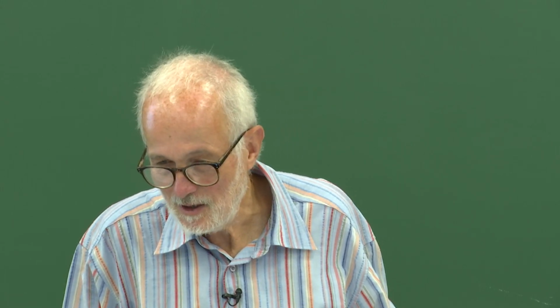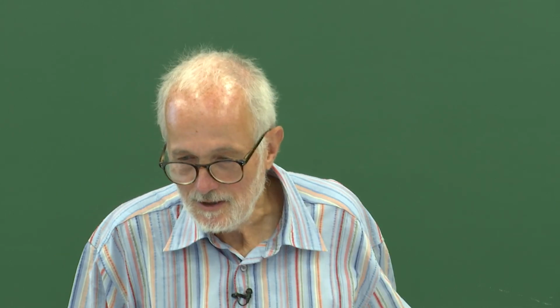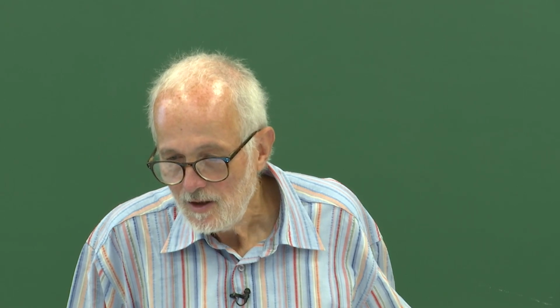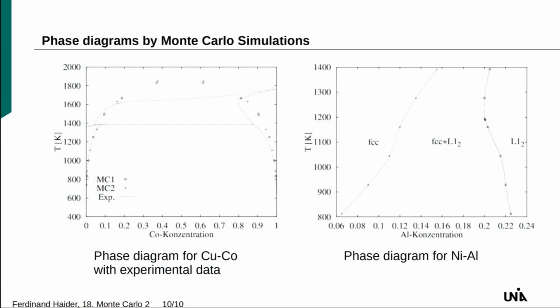This is for nickel aluminum. So these are the points taken from this Monte Carlo. Here you see the alpha, the gamma phase. Here you see the gamma prime phase. Here's the miscibility gap. These lines are just to guide the eye. These are not experimental data.